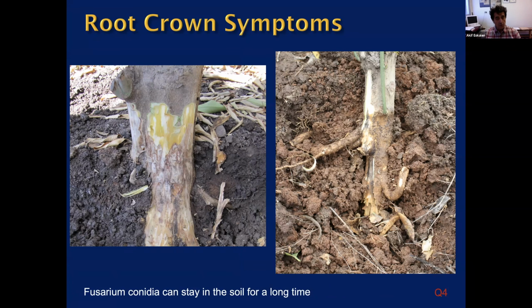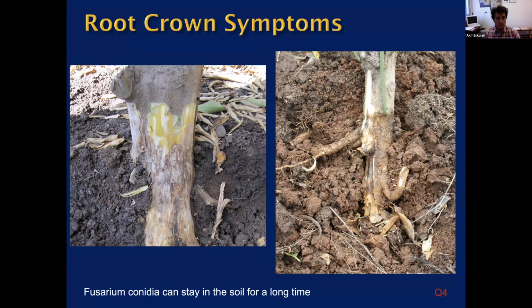Most soil-borne pathogens produce some kind of overwintering structures within the soil, whatever their environment is, so they can stay for a long time. In this case, Fusarium may stay on the dead wood, that part of the plant. They can even stay as conidia in the soil mix.